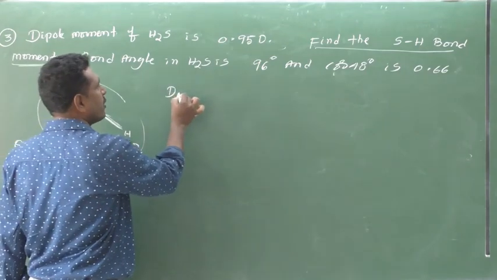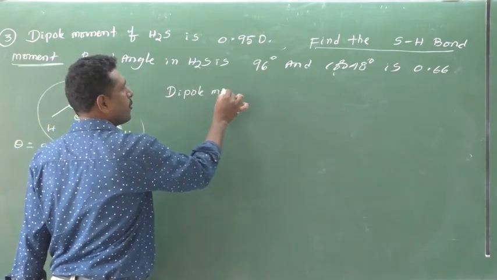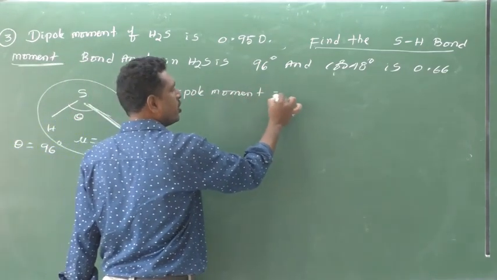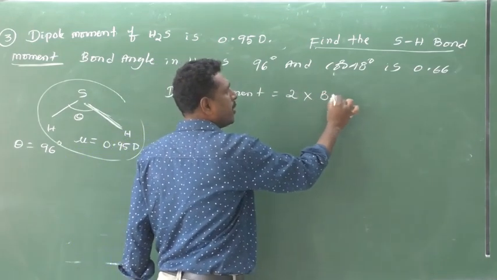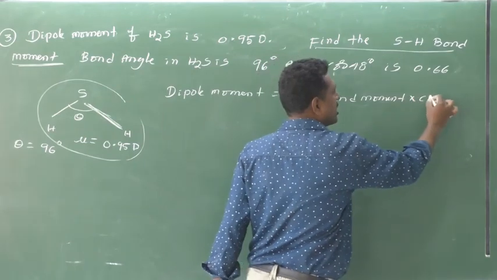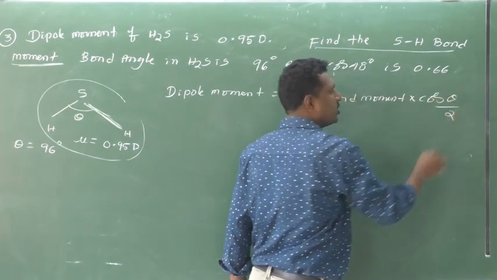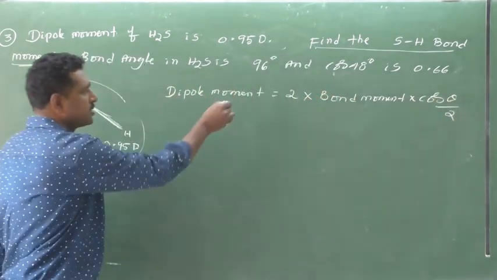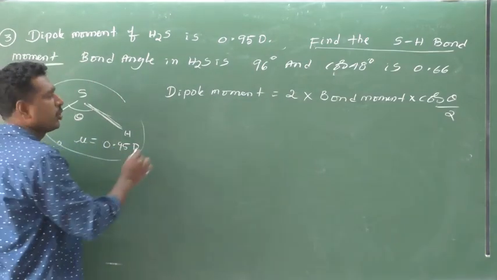Therefore, one formula is there: dipole moment equals 2 into bond moment into cos theta by 2. This is the formula. The same formula will apply for this molecule.